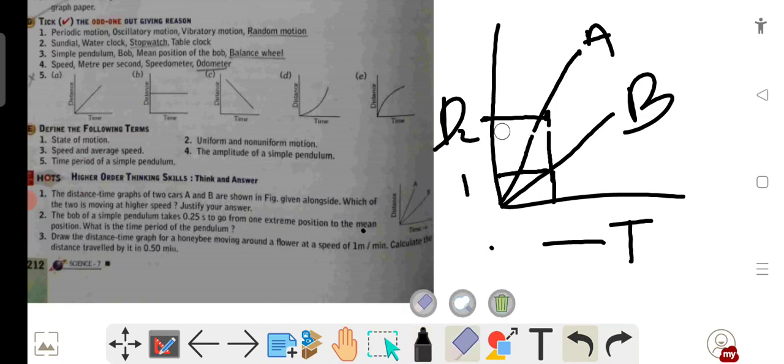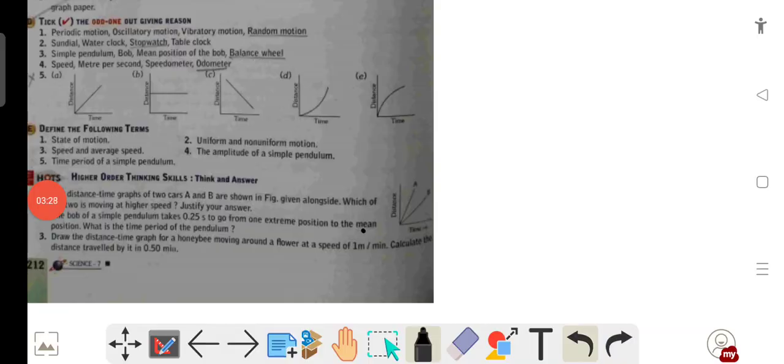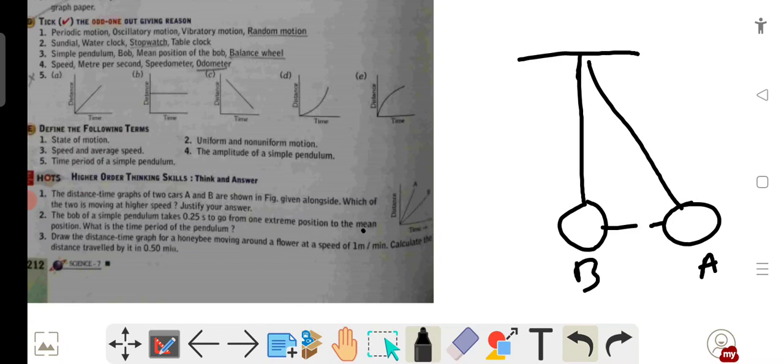If we draw a simple pendulum, the movement of the bob from one extreme position to the mean position, if this is A and this is B, then from A to B corresponds to 1/4 of an oscillation.